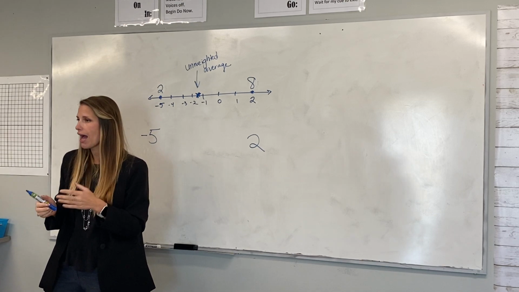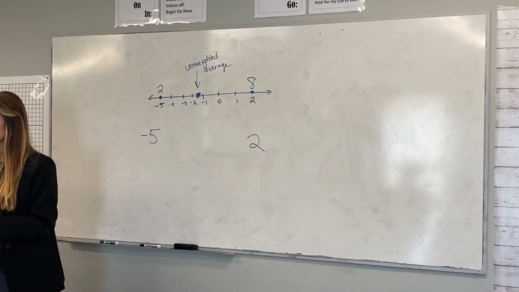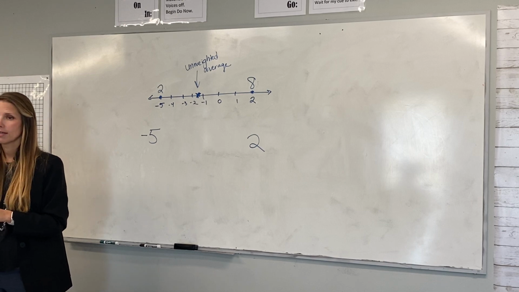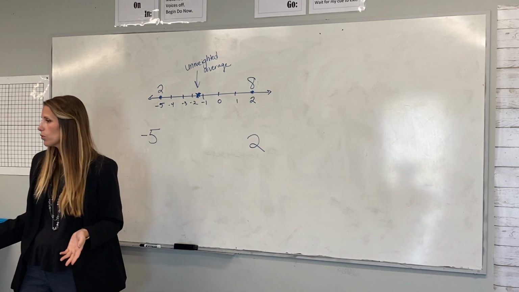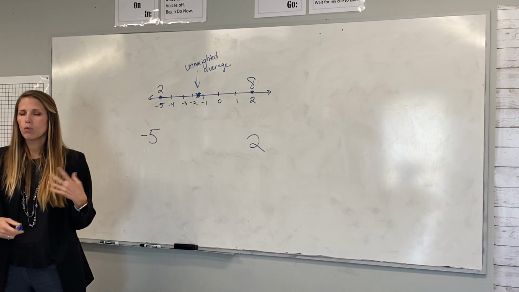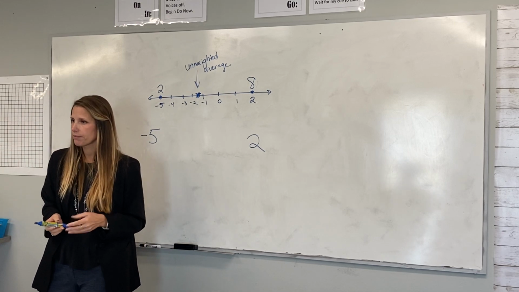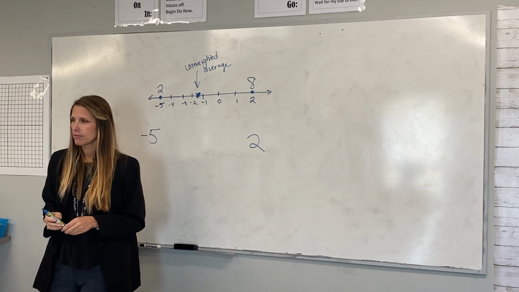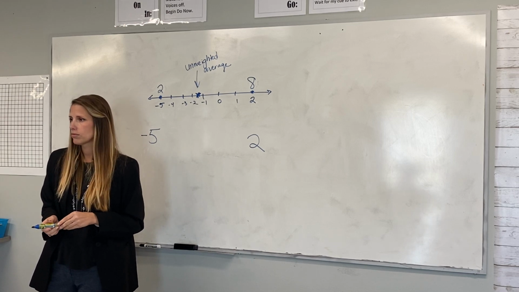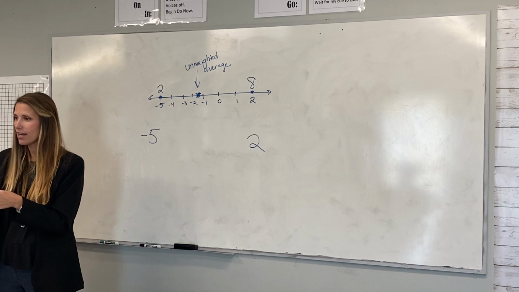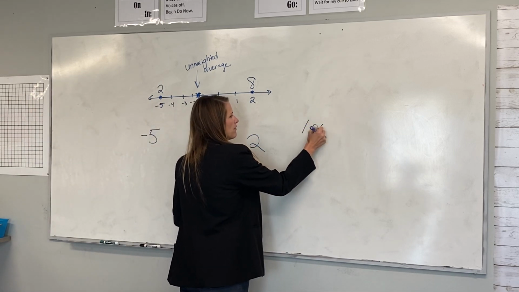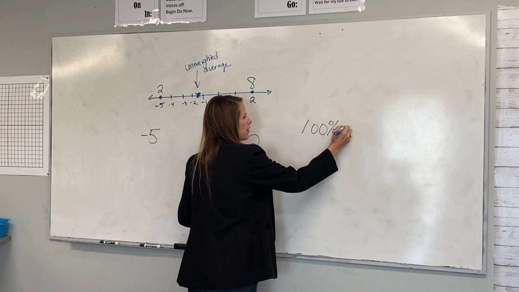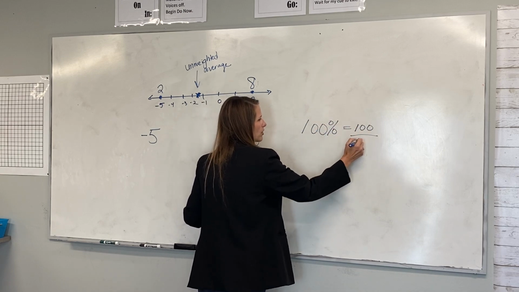All of your categories have to add up to what? 100%. To make the full weight, it has to equal 100%. What's another way of saying 100%? 100 out of 100, okay, I love it. So if it has to equal 100%, that equals 100 out of 100, that's very good.